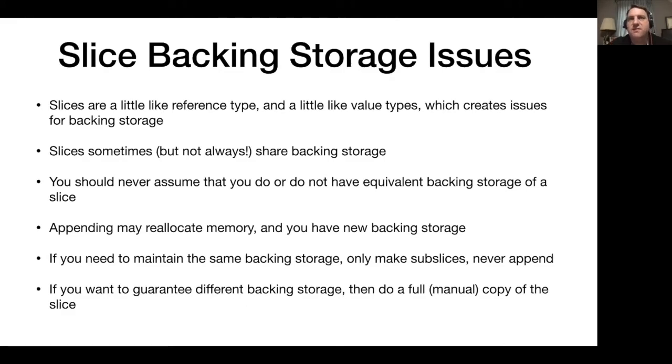But if you do appends after a slice, then you really don't know if you have the same backing storage or not. So if you need to maintain the same backing storage, only make subslices, don't append. And if you want to guarantee different backing storage, you want to do a full manual copy of the slice.